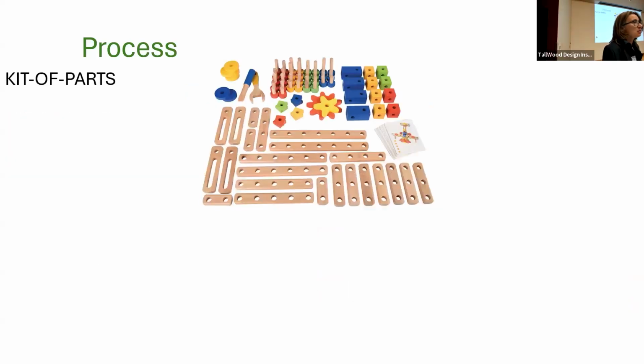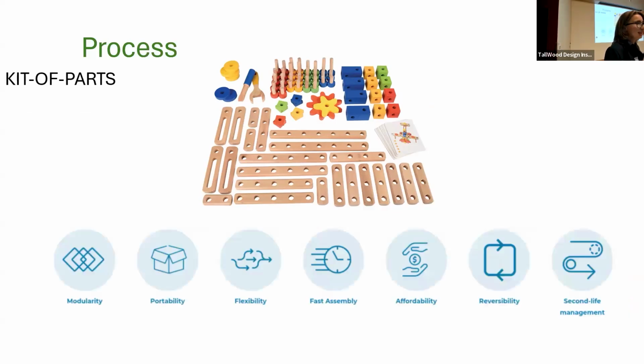And the goal is to develop a kit of parts, a limited number of parts that, with this modularity, allow us to obtain different variations. So it's modular but flexible, and able to enable fast assembly, disassembly, and reuse.